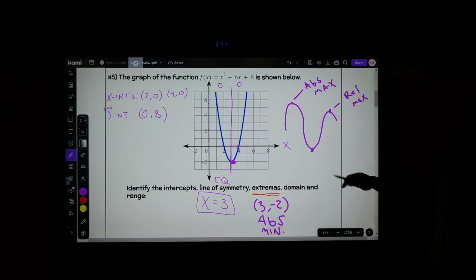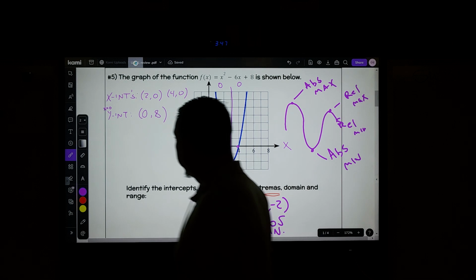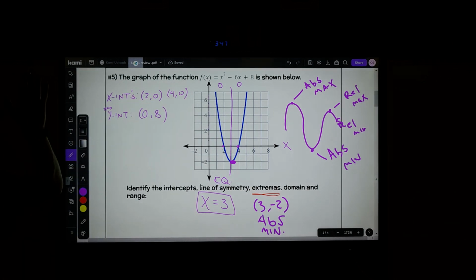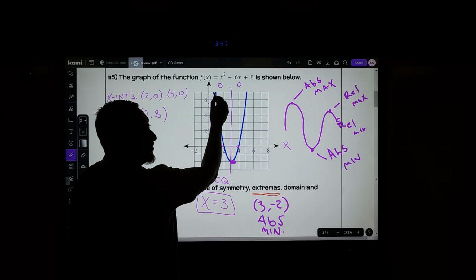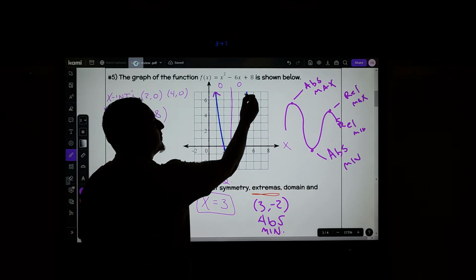This right here is the lowest point, so that's the absolute minimum. And then these two would be relative minimums because they're low points but not the lowest point. Okay. The difference between absolute and relative. Remember, infinities we don't count. On these, if you don't see a solid dot or open dot, assume they go on forever.